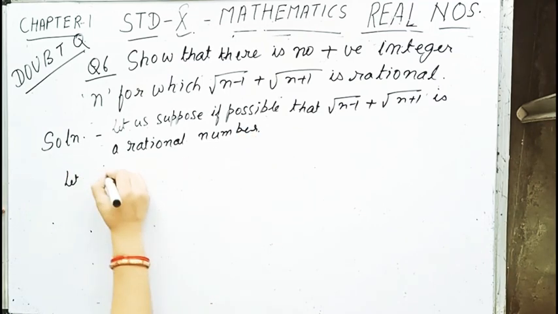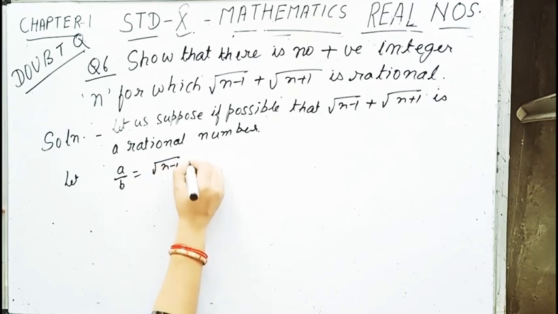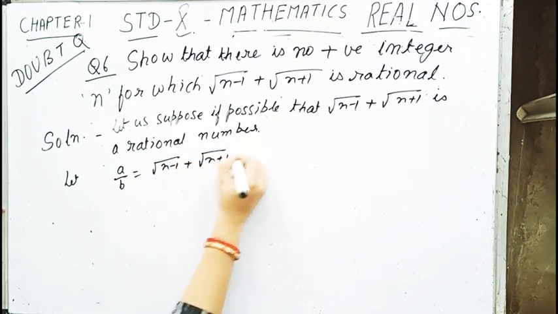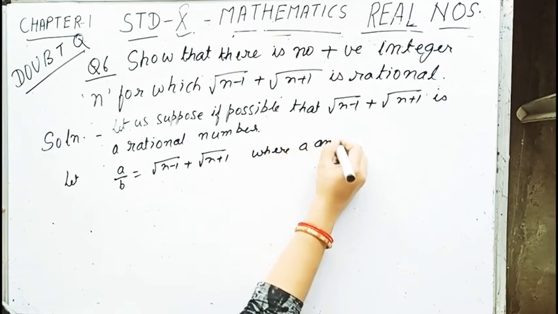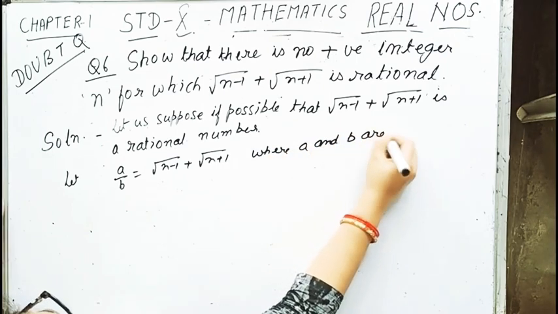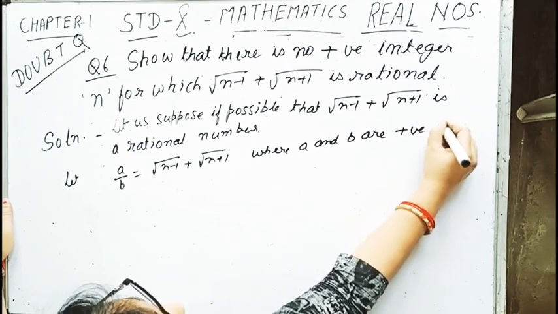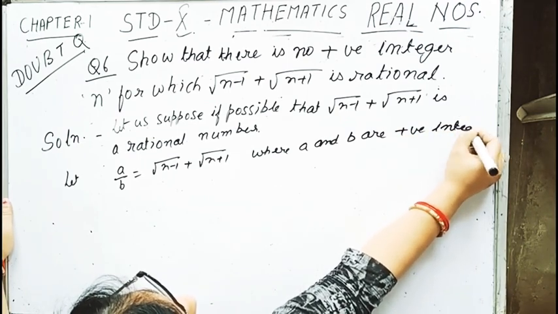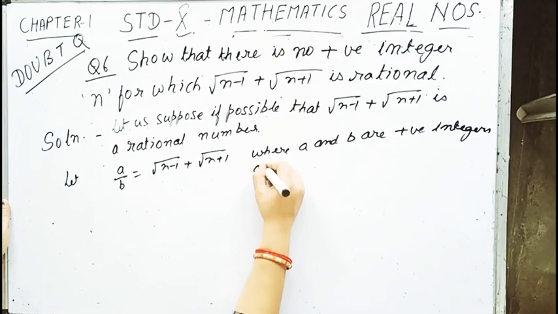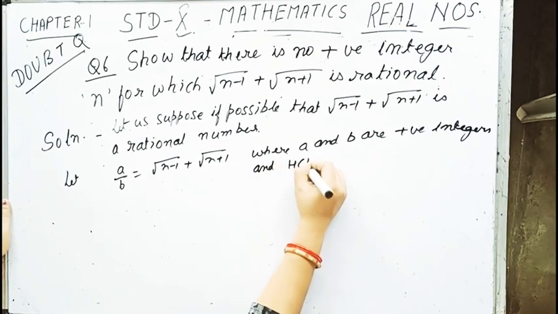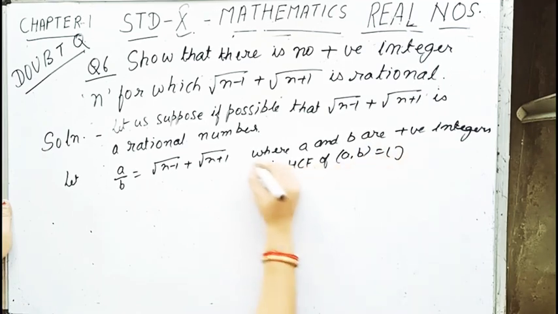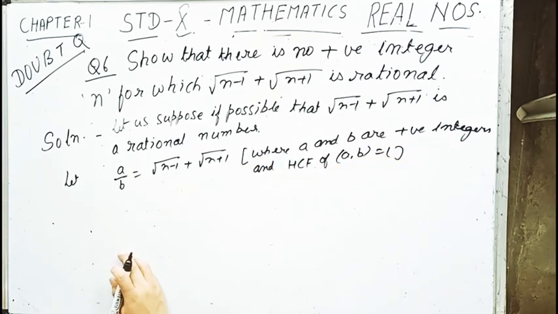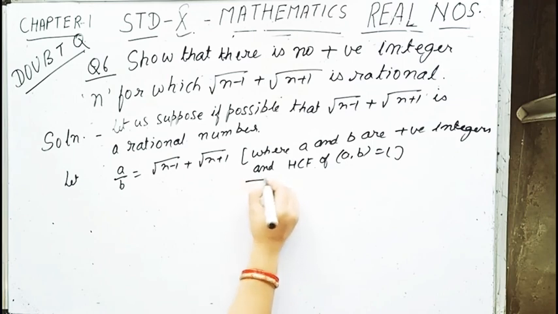Let a/b = √(n−1) + √(n+1), where a and b are positive integers and HCF of a and b equals 1. That is, a/b is in its simplest form. Let us make it equation number 1.